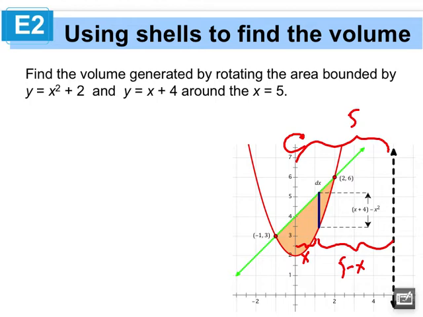Then why choose the y values? So -1 to 2. Right, your answer was correct, you just chose the wrong numbers. We're going around the x values, so we want the x coordinates. So -1 to 2.